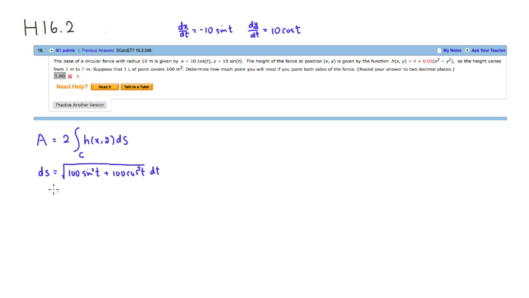And the square root of 100 is going to be 10, and sine squared plus cosine squared is going to be 1. So you're going to get 10 dt.